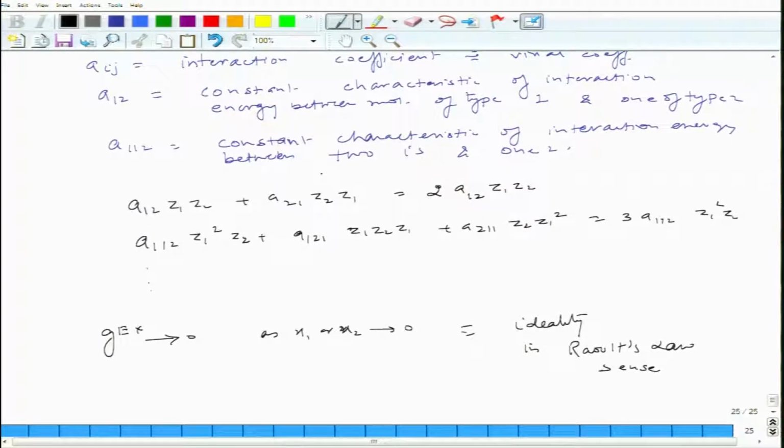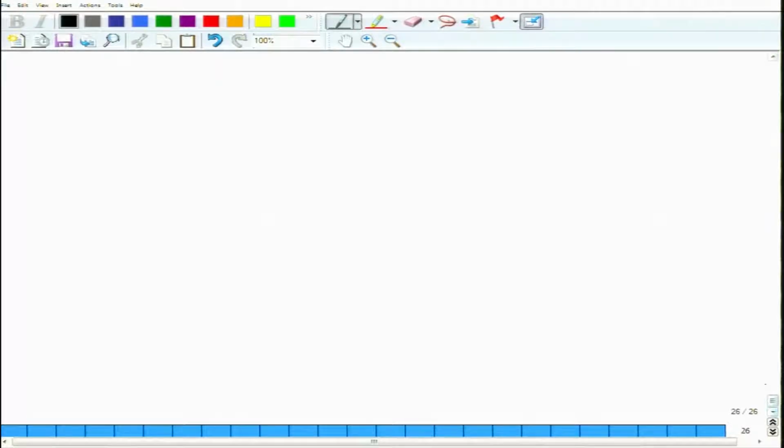Now if you would like to consider GE in terms of Henry's law, then you have to come up with different expressions. So when you consider Henry's law, we will be writing something like this.